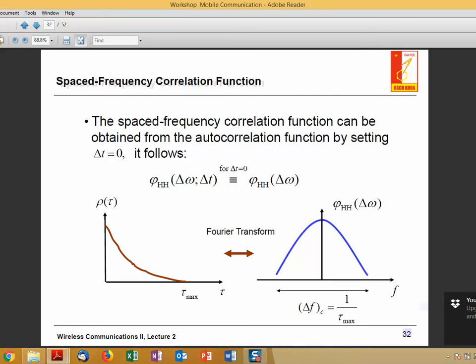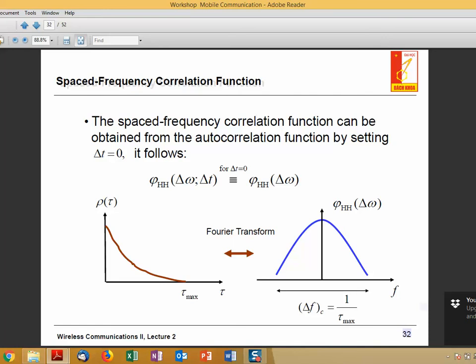In this case, the channel is very fast. And if the time delay is very short, it means that we are working in indoor communication. The communication distance is very short.